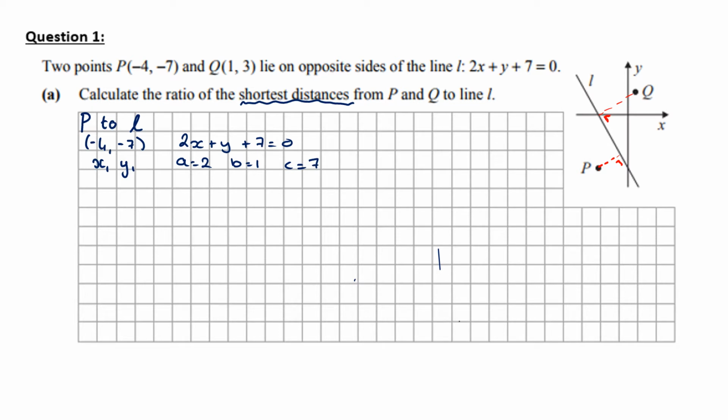And the formula we're looking at, the distance is equal to |ax1 + by1 + c| all over the square root of a squared + b squared.